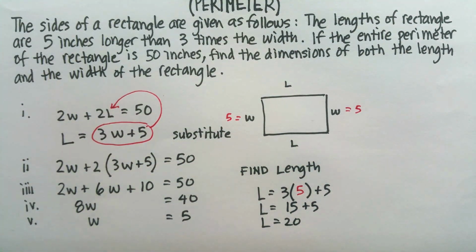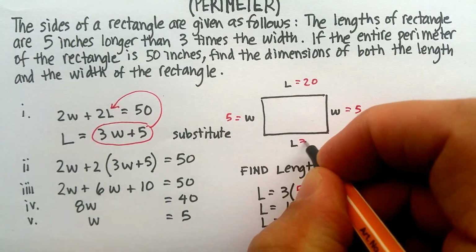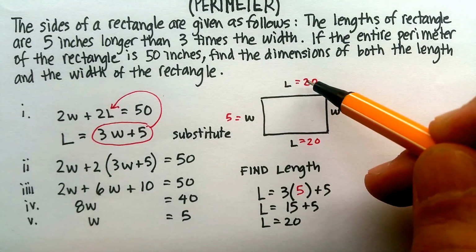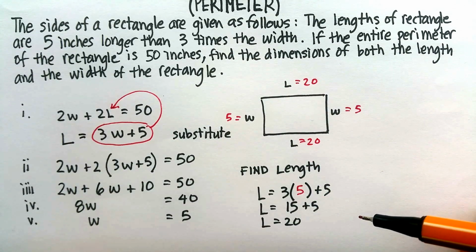And let's go ahead and substitute that back into here. And sure enough, if we add these, 20 plus 20 is 40, 45, 50.